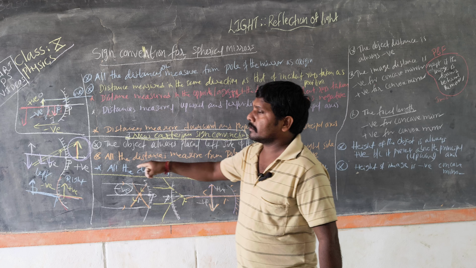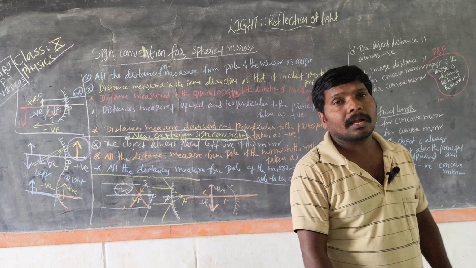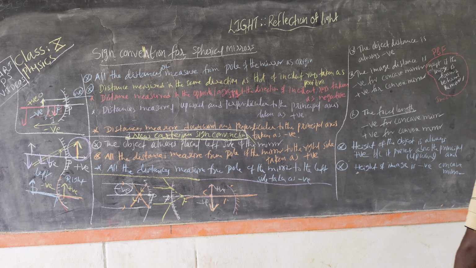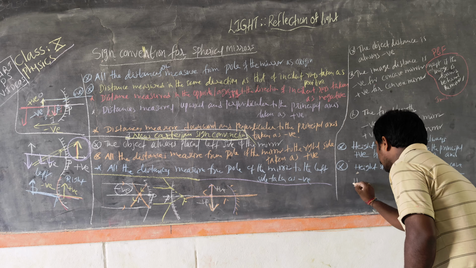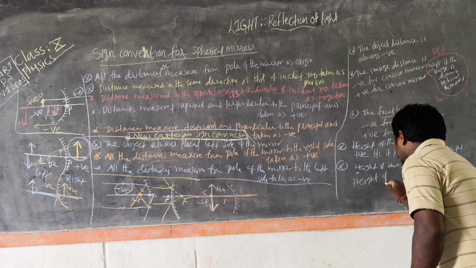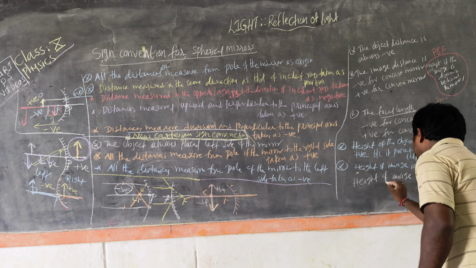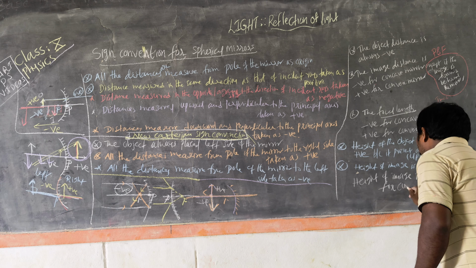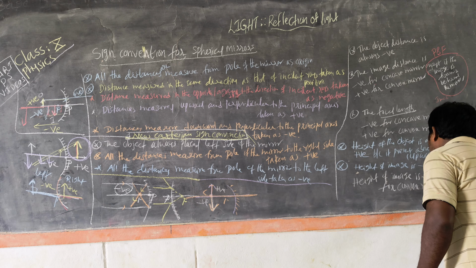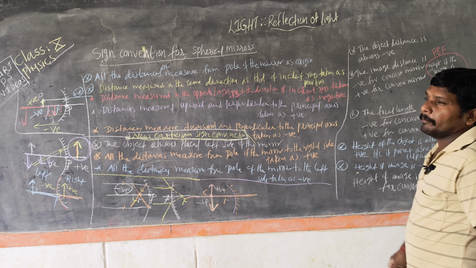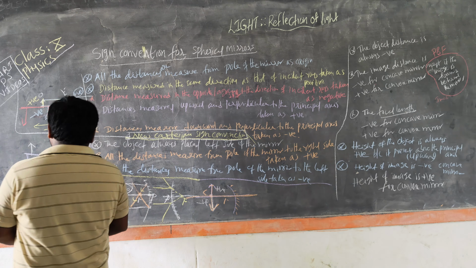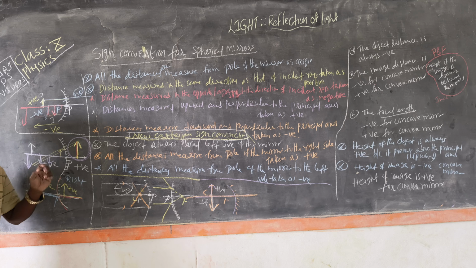But in the case of a convex mirror, the height of the image is always positive, because it always forms virtual and erect images, so all are above the principal axis.